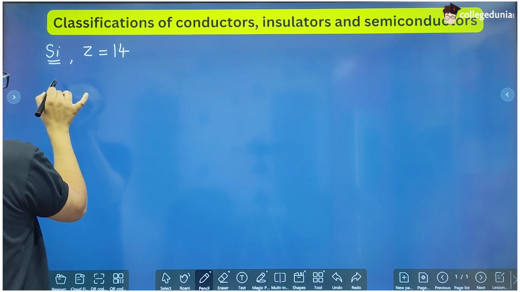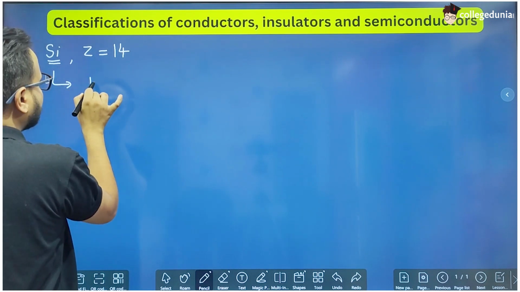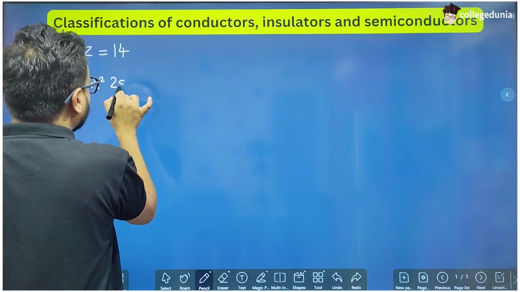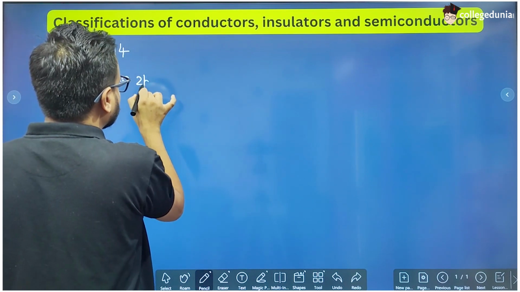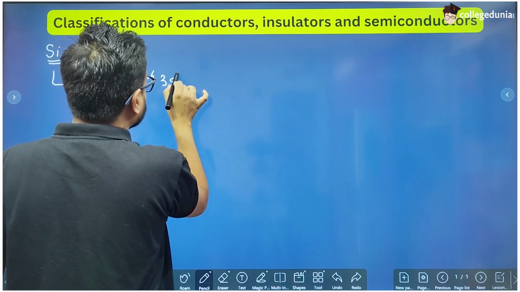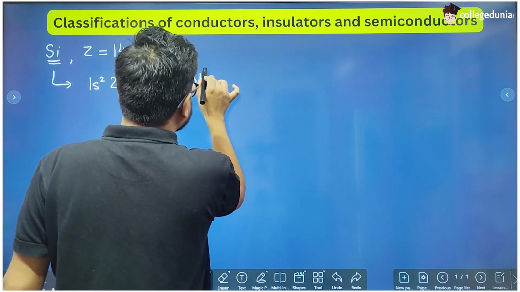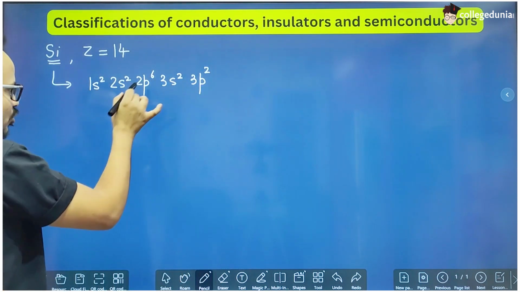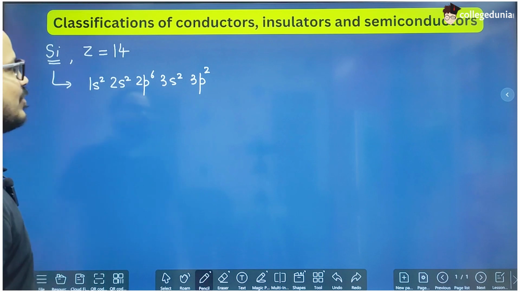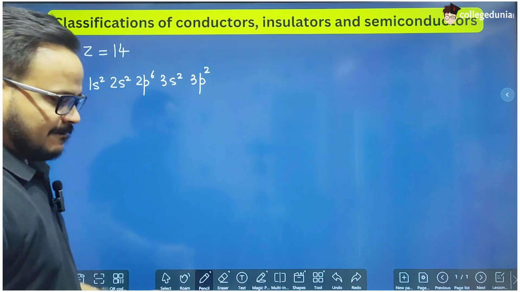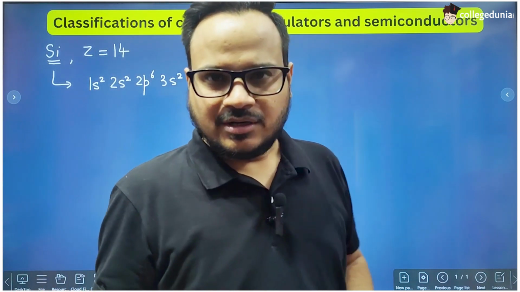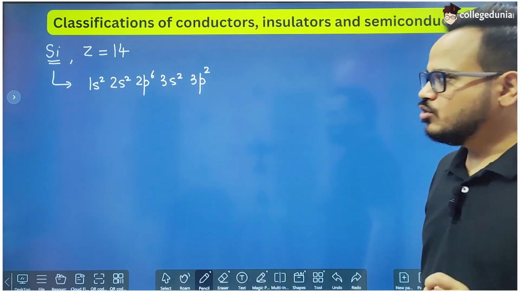So electronic configuration of silicon is 1s2, 2s2, 2p6, 3s2, 3p2. Right? 2 plus 2, 4 plus 6, 10 plus 2, 12 plus 2, 14. So the third shell is the outermost shell.